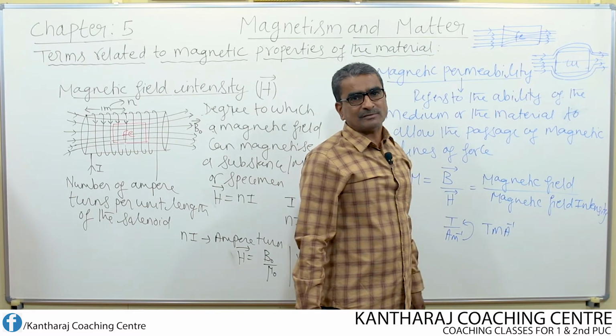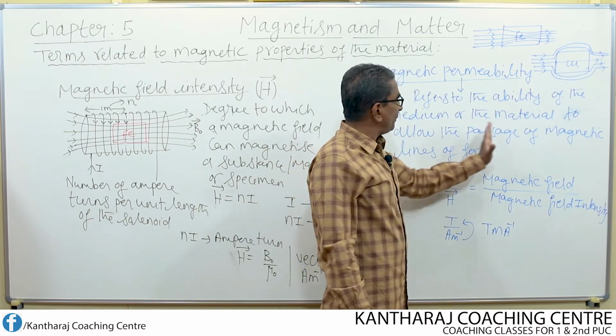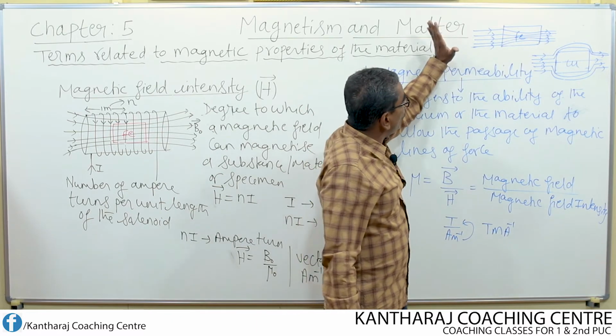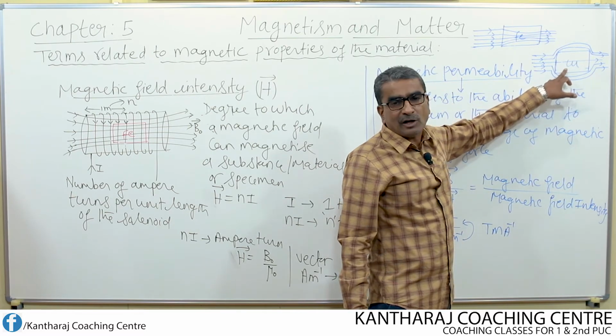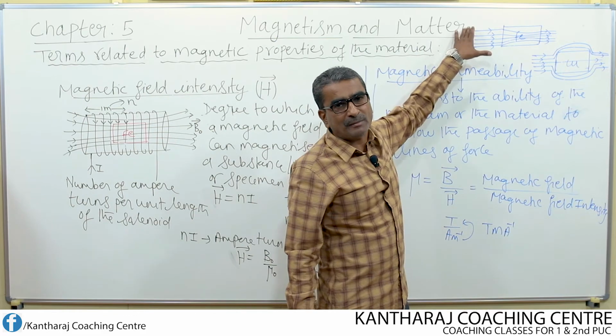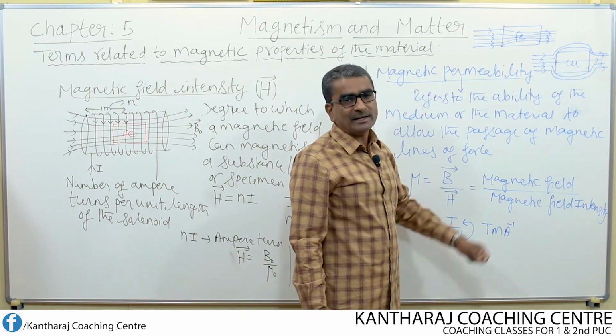That is the meaning of this. Already we have written: ability of the medium or material to allow the passage of magnetic lines of force. Iron has a strong ability to allow them to pass, whereas we do not notice that ability in copper. Therefore we say that iron is more permeable when compared to copper. That is the meaning of magnetic permeability.